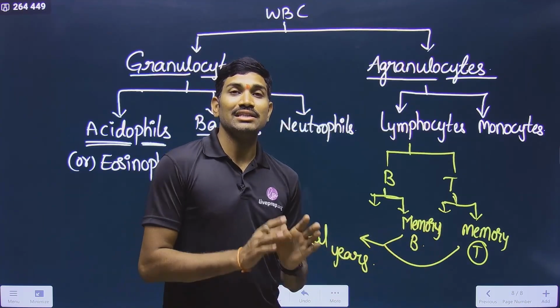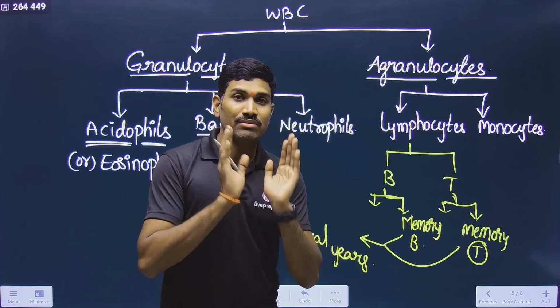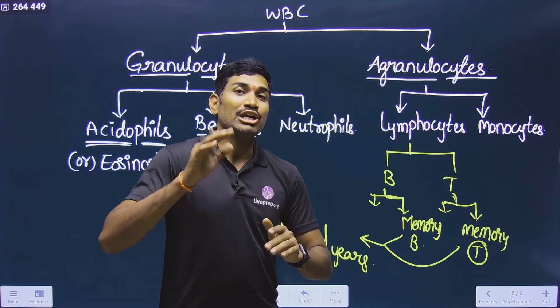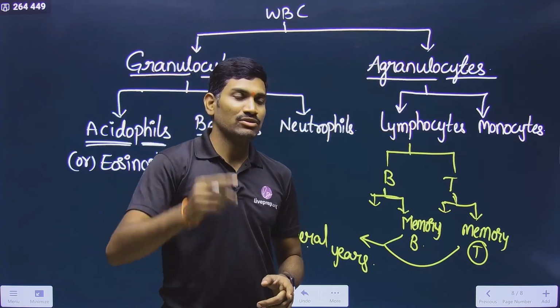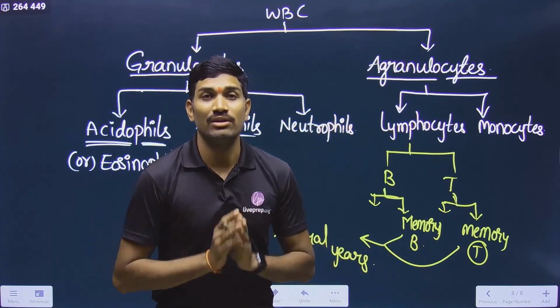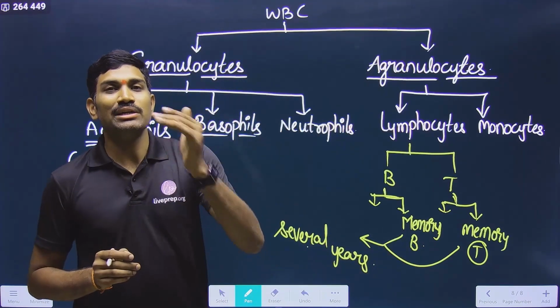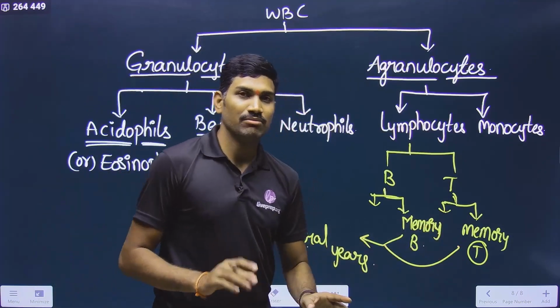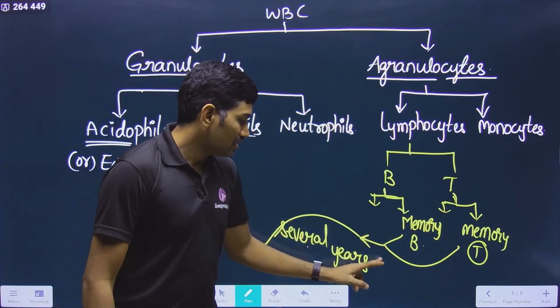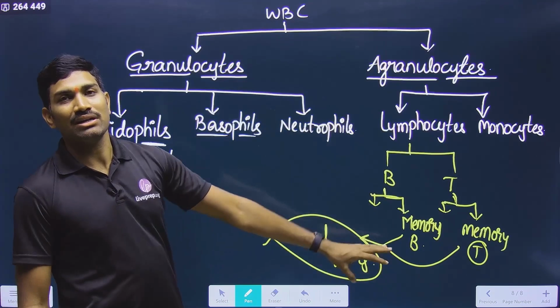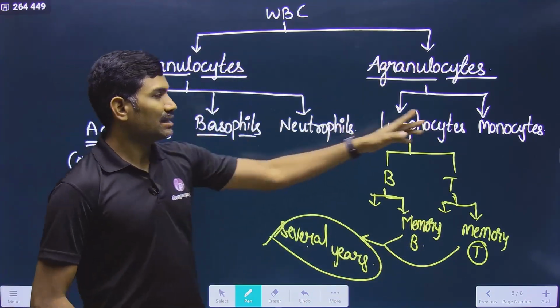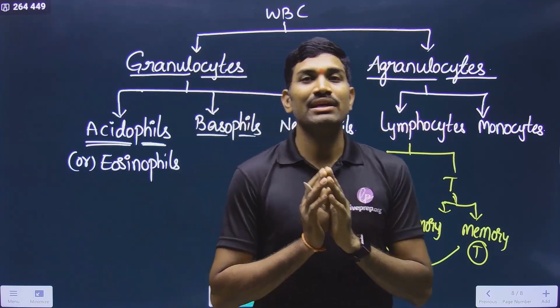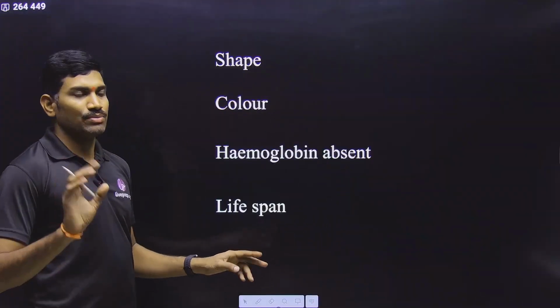These memory cells have the information in their system, so that if the same pathogen comes in future, immediately they will start acting on it. For that quick action, these memory cells are very important. That's why they survive for several years. Only this type of cell can survive for a longer duration, but the other types have a very short lifespan. This is the point you need to understand under lifespan.